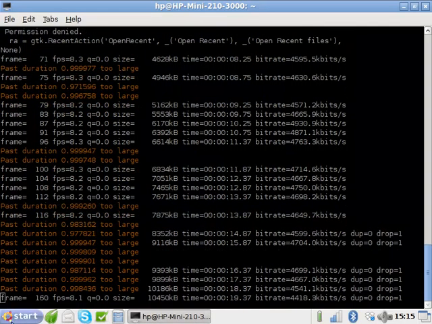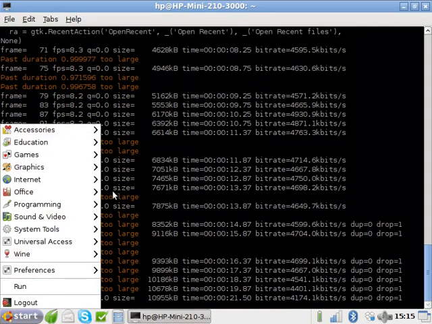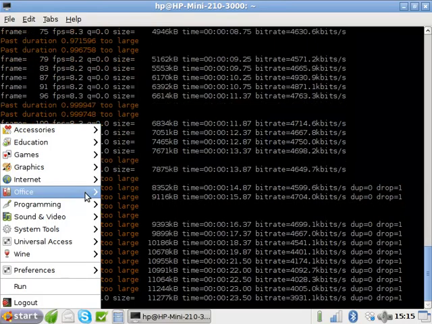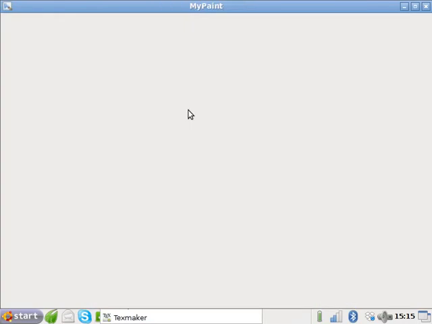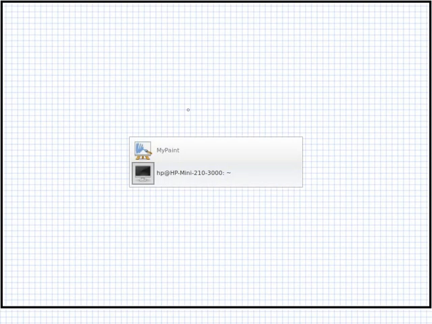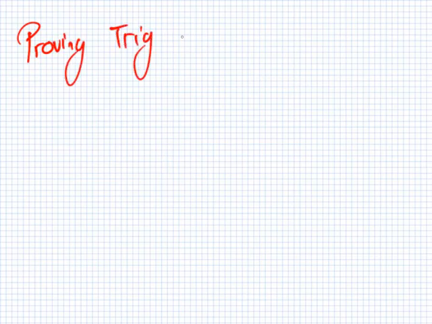I'll show you. It's really, really easy to make graphs in Excel, and I'm going to show you in 1 minute how to do it, because it's not like we haven't done it in maths and physics before. So while that's just loading, let me write down what we're looking at: proven trigonometric identities.